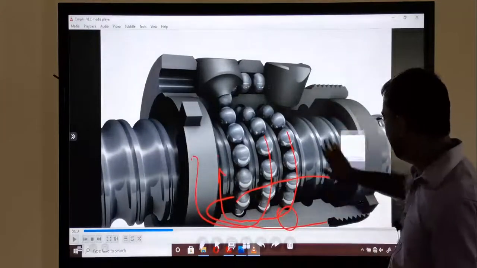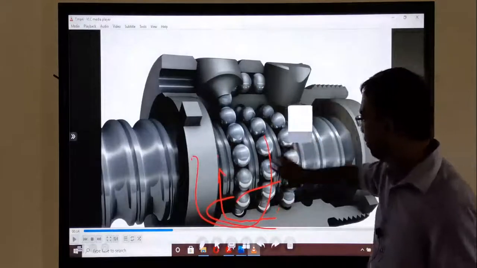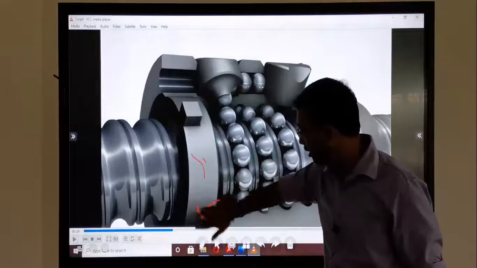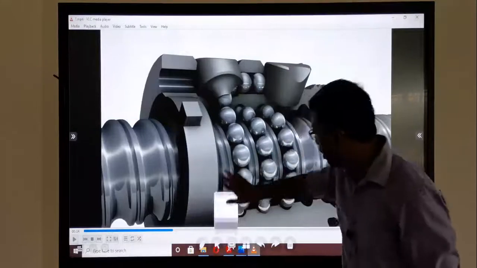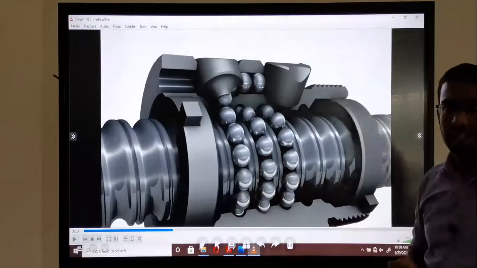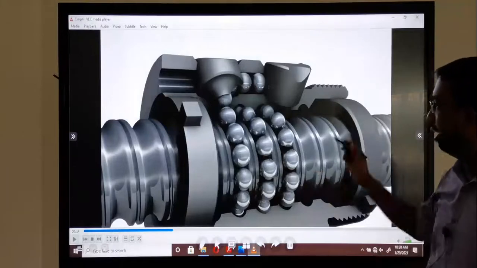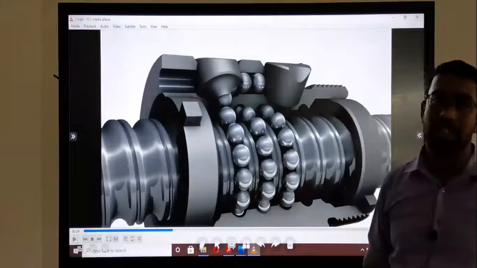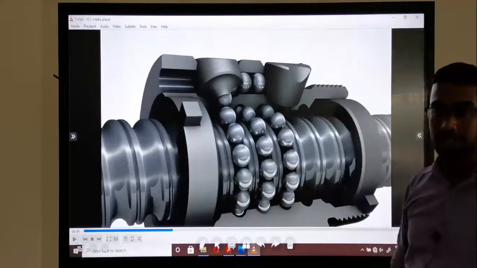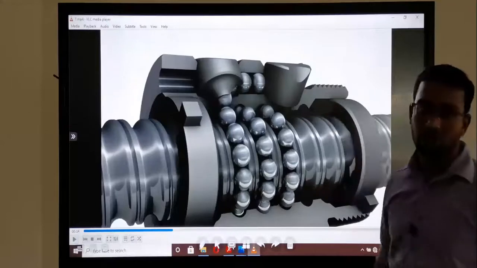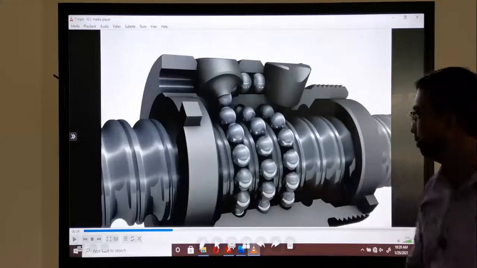Just imagine when you steer the steering wheel, you don't feel any hardness, so it's very smooth. This type of operation makes the steering function very smoothly, because of this ball arrangement.